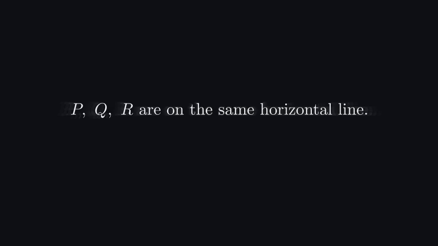35 degrees. 45 degrees. P, Q are on the same horizontal line. Length of RS equals H. Length of PQ equals 15 meters.